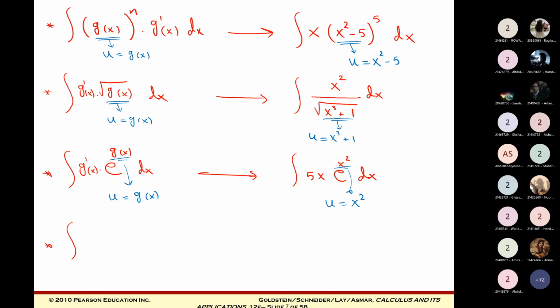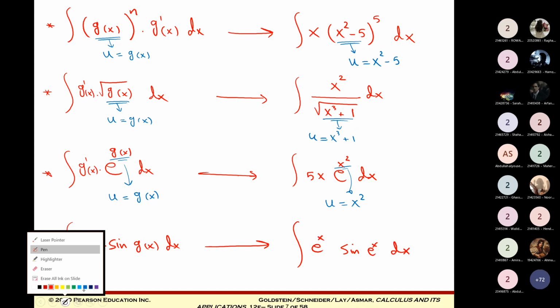Another case: if we have sine or cosine, for example sine x or sine g of x, multiplied by g prime, dx. Here, for example, look at this sine: inside the sine we have e^x, and outside we have e^x dx.